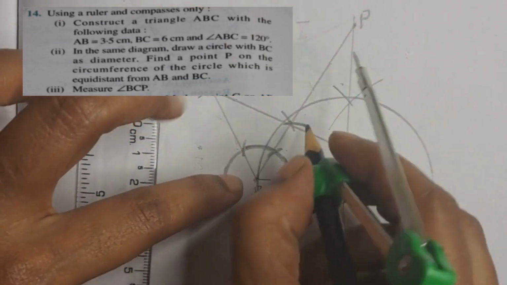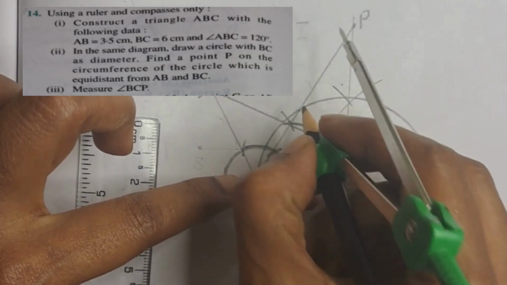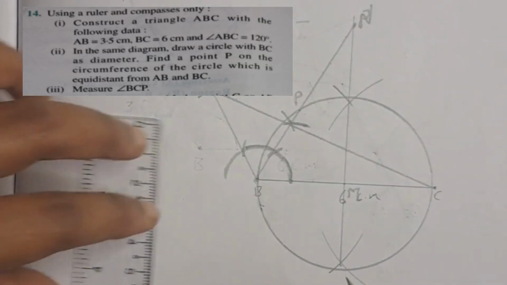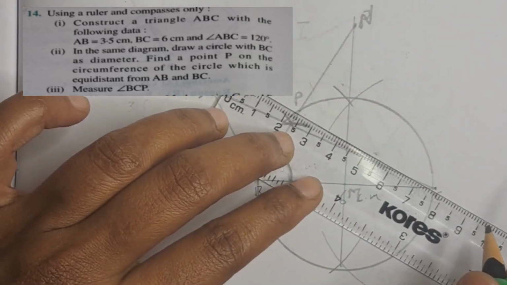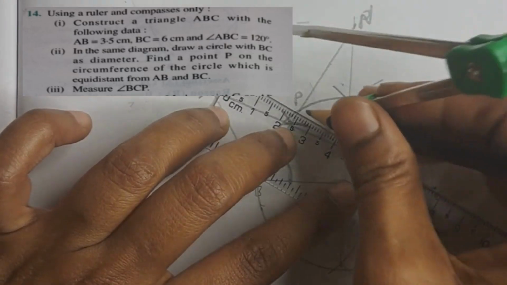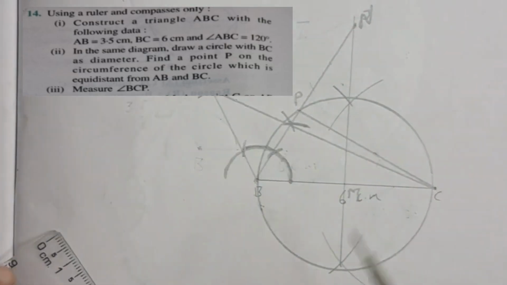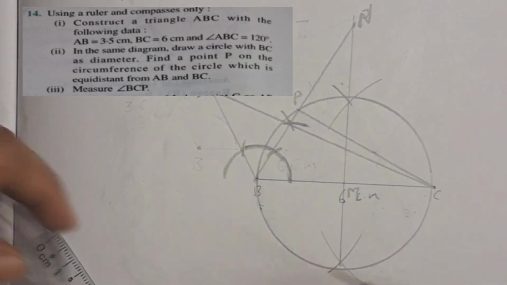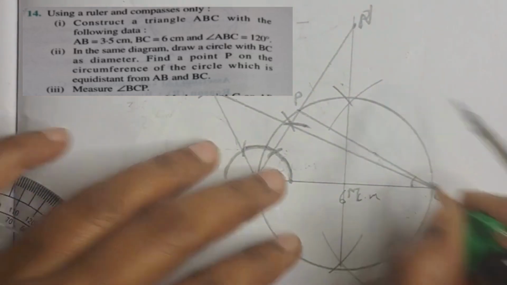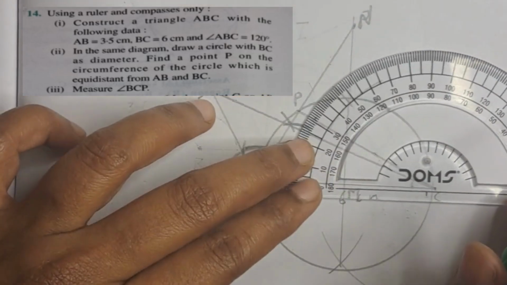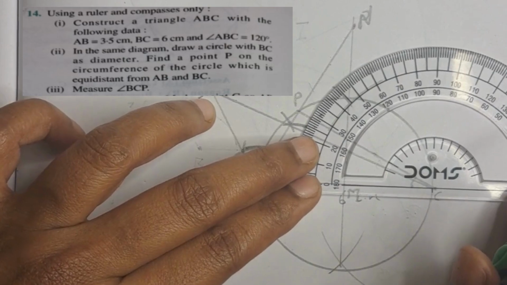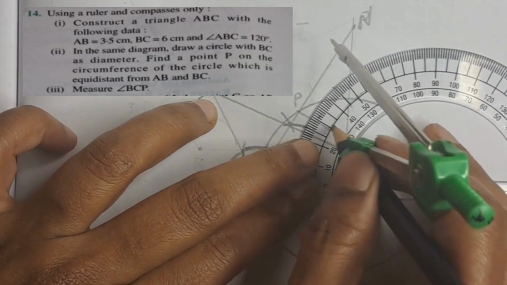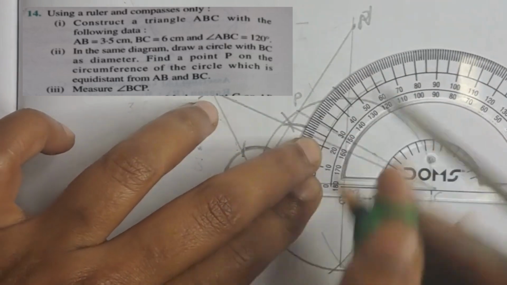Where this circle intersects the angle bisector, we put P. This is N. From P, join P and C, draw one line. Now we have to find angle BCP. How many degrees? See, 30 degrees. We found the angle is 30 degrees.